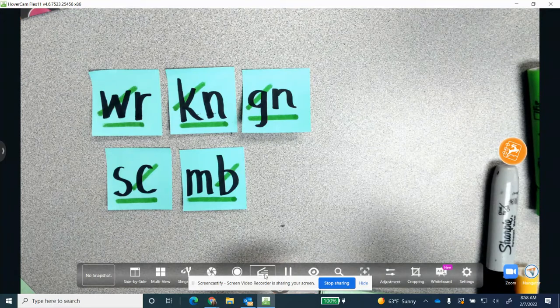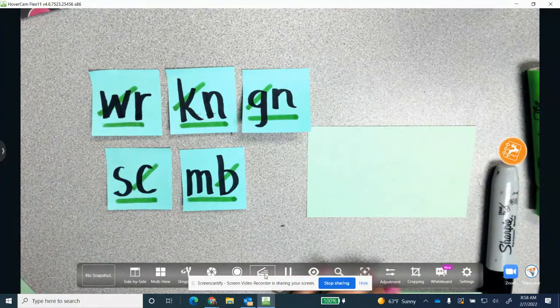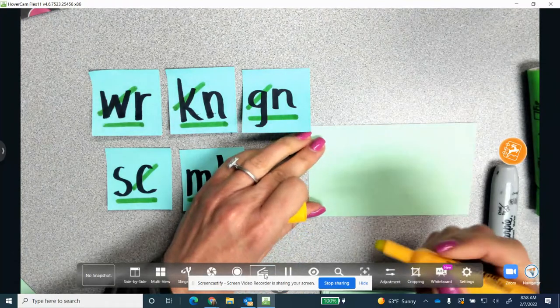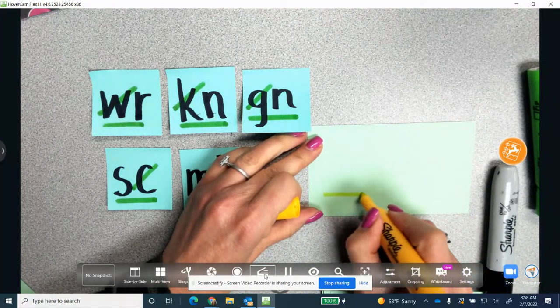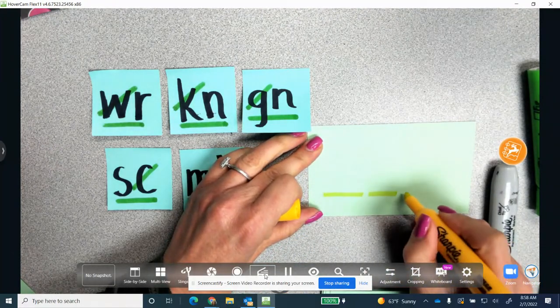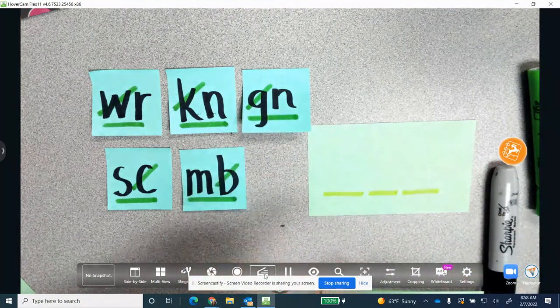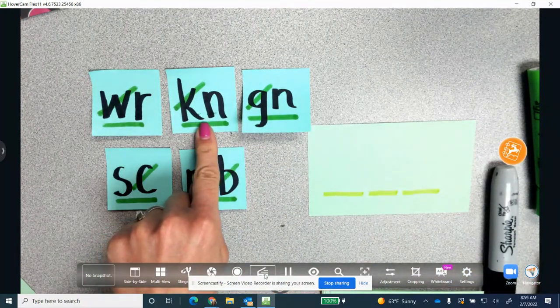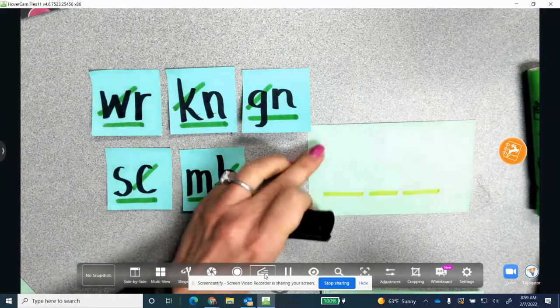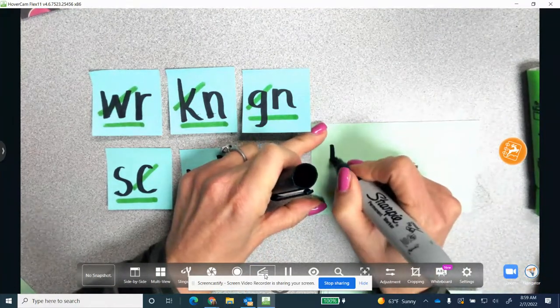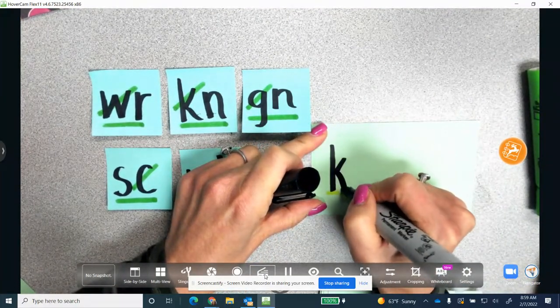Number 7, knife. Mom will use this sharp knife to cut the carrots. Knife. We are going to use this spelling pattern, the KN digraph. The K will be silent.